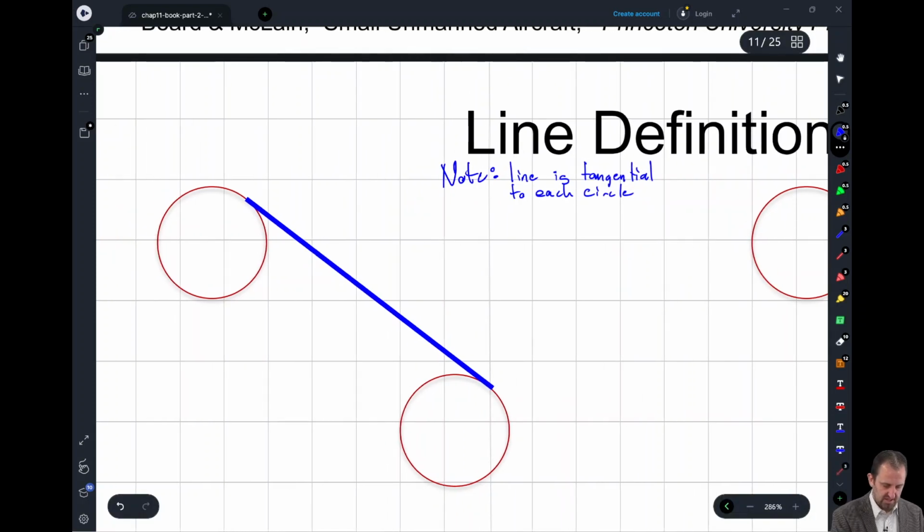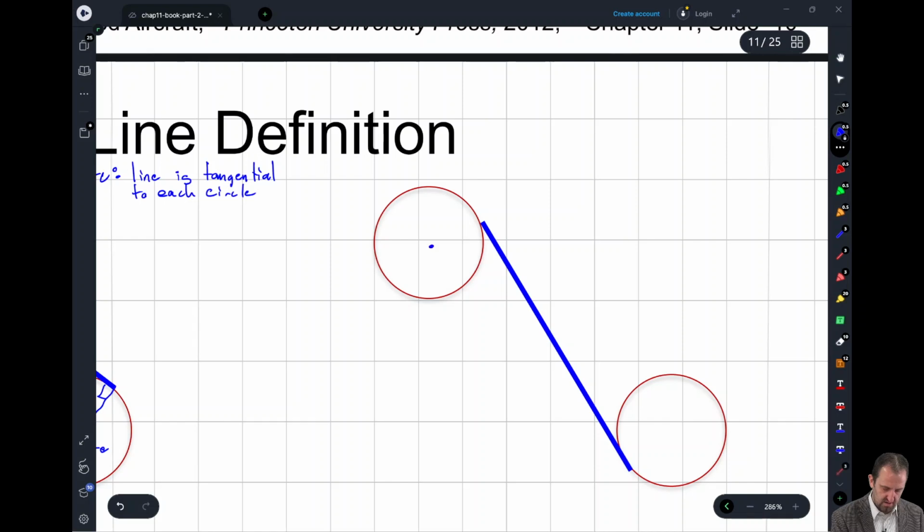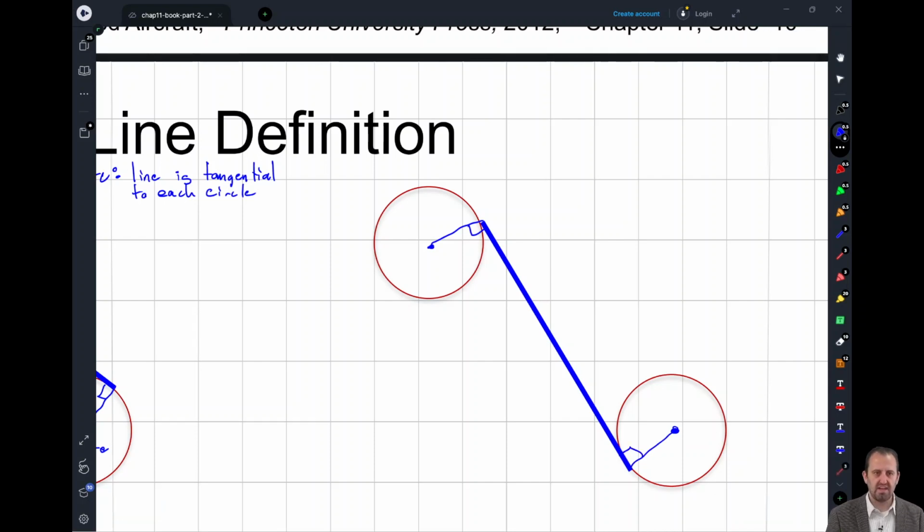Since it's tangential, in this case, here's our center, a right, center, right. This is our start and this is our end. The fact that it's tangential means we have a 90-degree angle. I didn't draw that line perfectly, but we have a 90-degree angle. So our line is tangential to our circle.